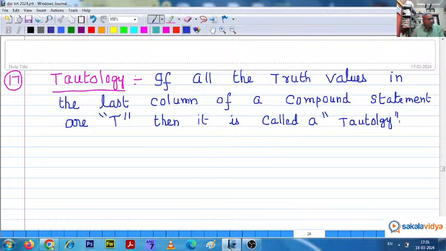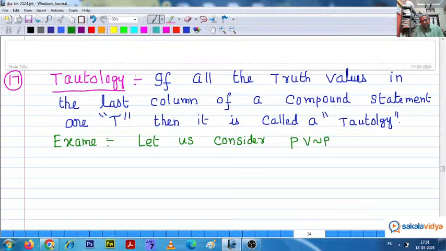So, let us consider one example here. Let us consider P or negation P. This is the compound statement P or negation P. That means this is a disjunction of P and negation of P. So, let us check its truth values now.